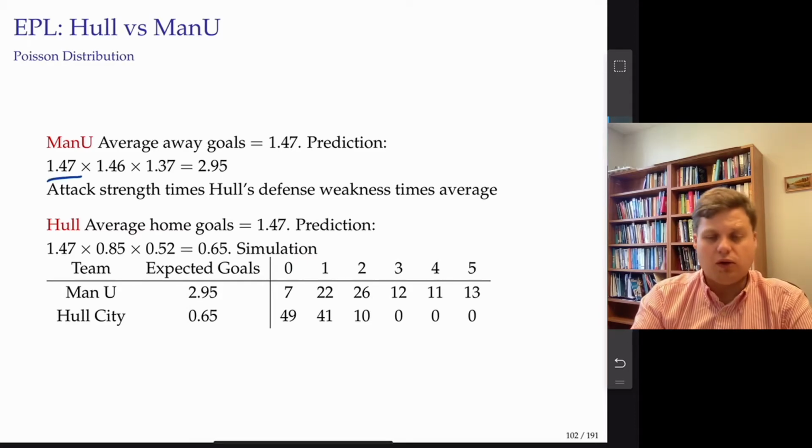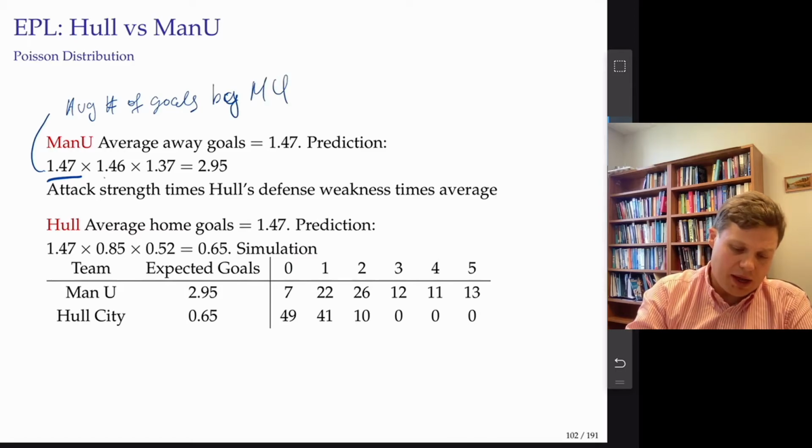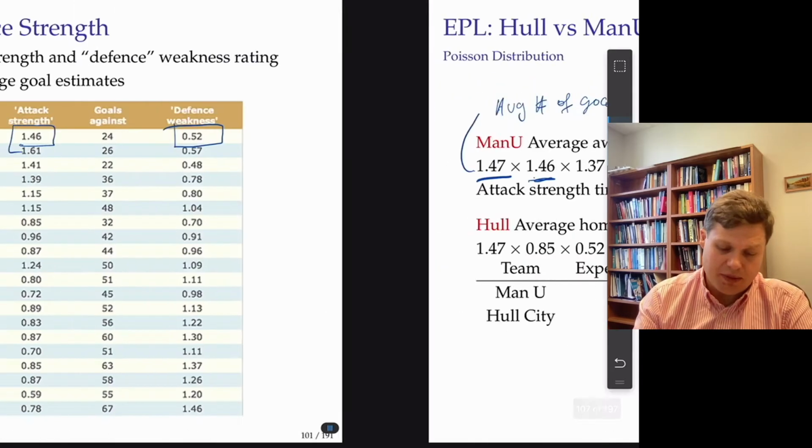So let's say we're gonna model Manchester United versus Hull. So 1.47 is the average number of goals by Manchester United. And then we multiply. Manchester United plays Hull, so we multiply by the strength of Manchester United.